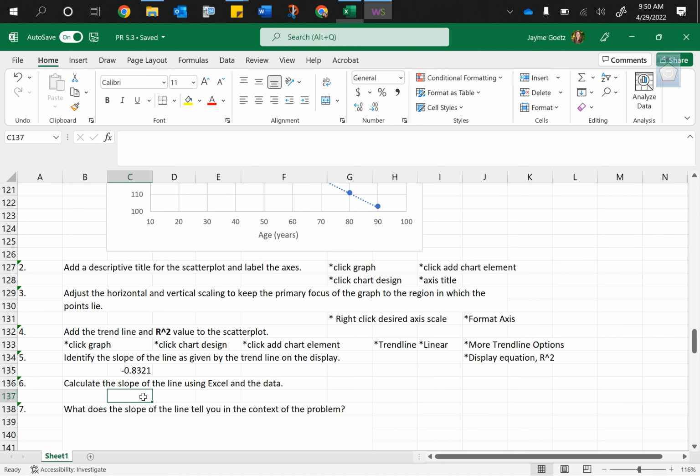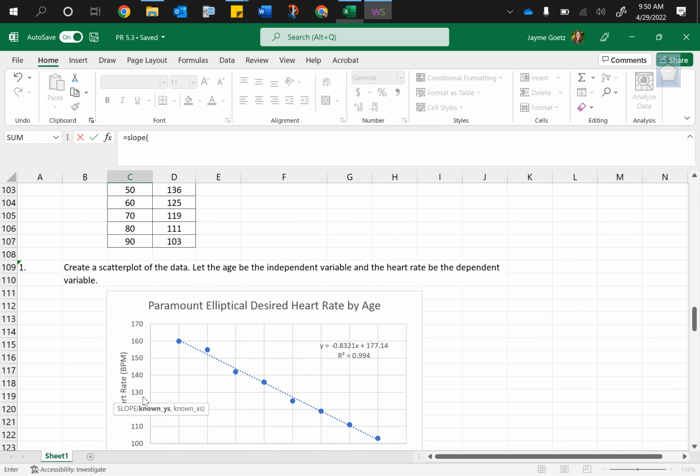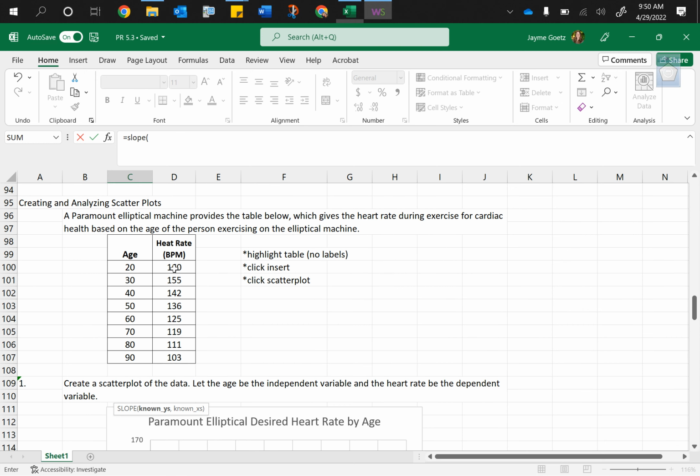Now number 6 says calculate the slope of the line using Excel in the data. So I want you to come in here and type in equals slope, and you're going to go up to your data, and you're going to highlight the y values, comma, the x values.